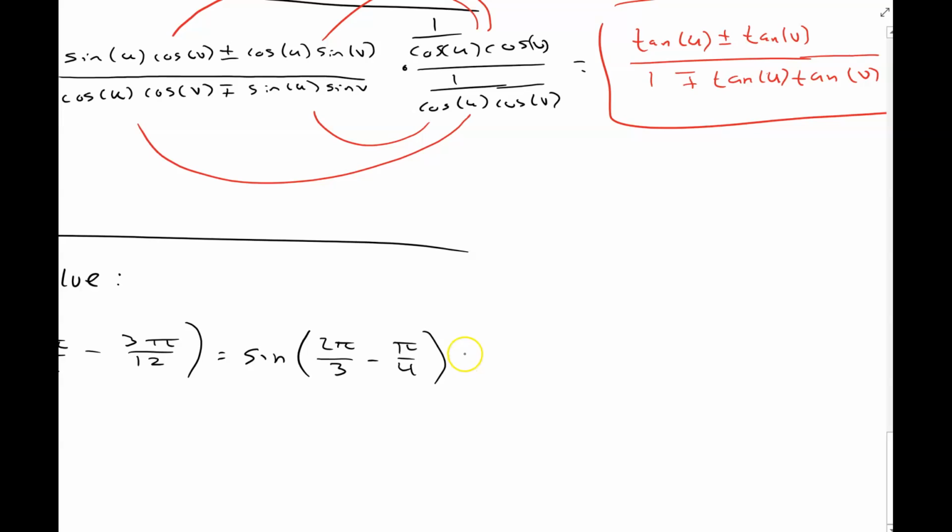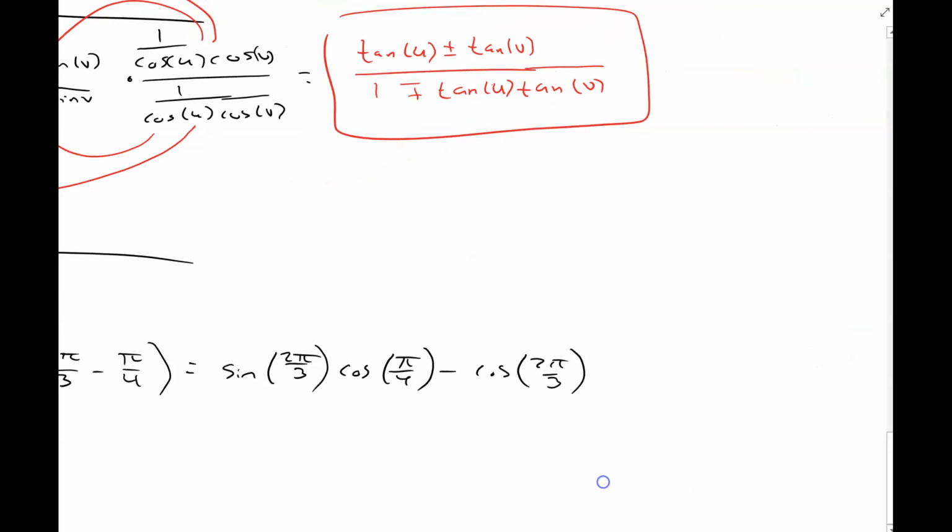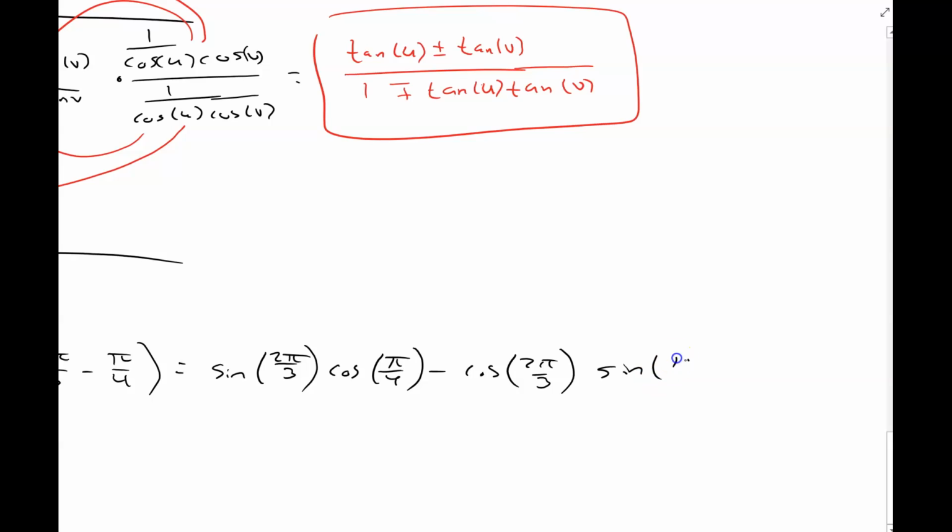So if I then apply my formula, I can say I have sine of 2/3 pi times cosine of pi over 4 minus, or I guess I'll write in the same order they do, cosine of 2 pi over 3 times sine of pi over 4.